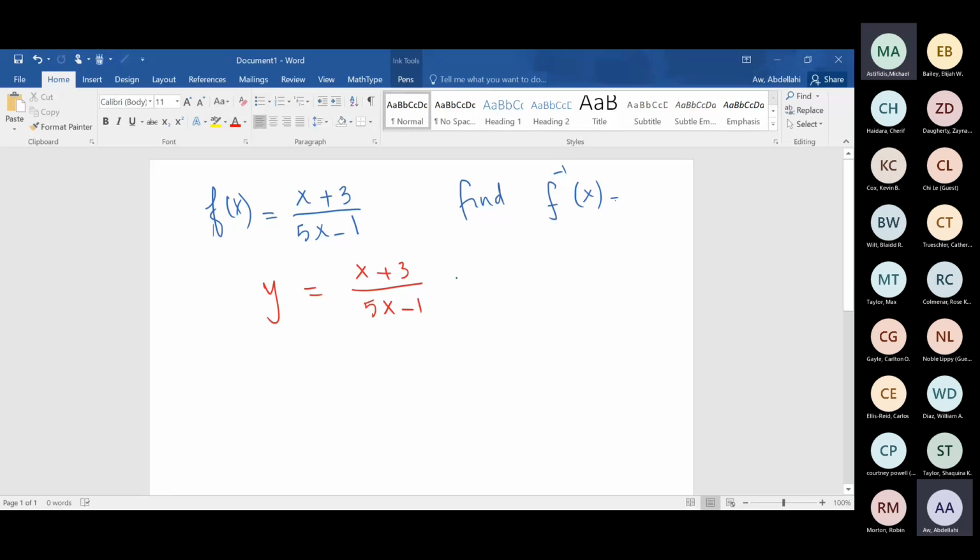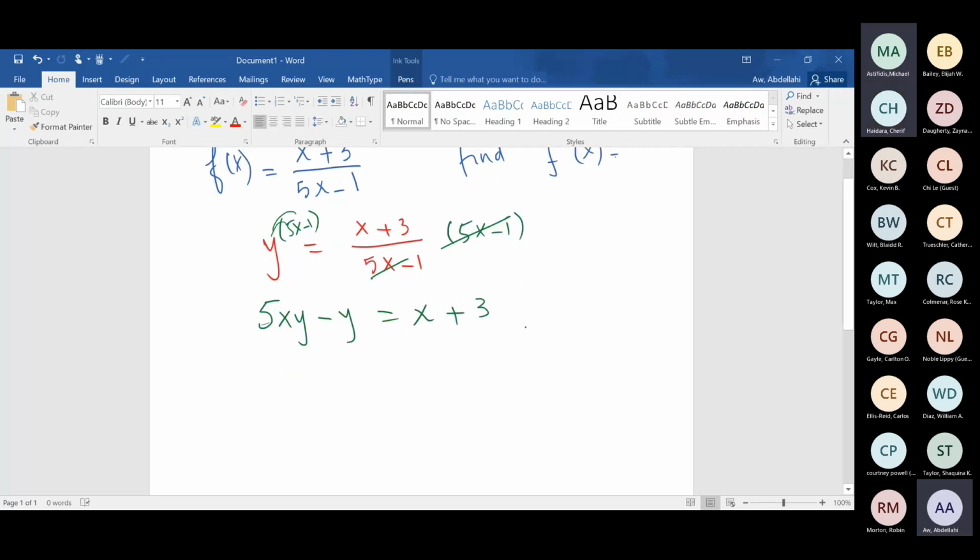So you said you multiply both sides by 5x minus 1. Thank you very much. Then you distribute: when you distribute the y to the parentheses 5x minus 1, you get 5xy minus y equal to x plus 3. Tell me what you did next.